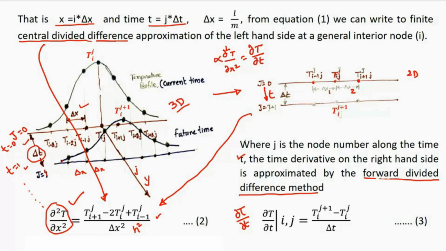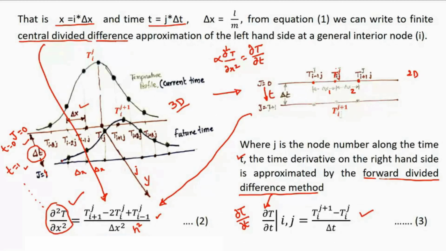Here you have to remember two things. For the second derivative, we are using the central divided difference formula. For the first derivative, we are using the forward divided difference formula. By using this forward and central divided difference formula, we are determining the relationship.